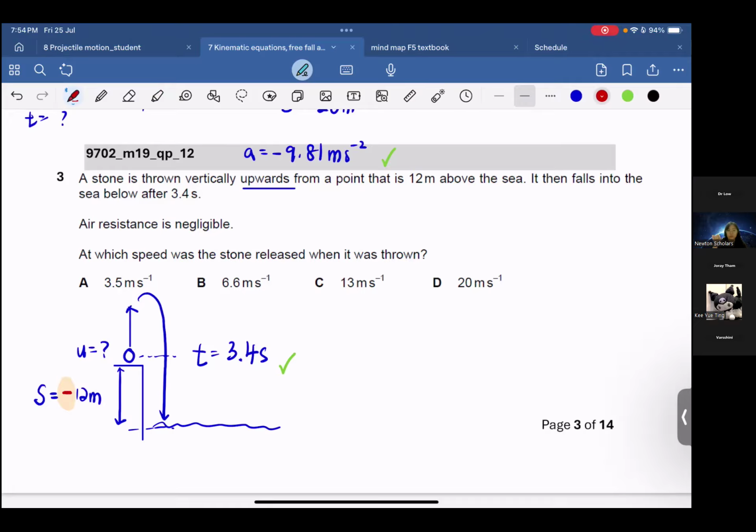Can you use the suitable formula, do the calculation and tell me what your U is? Right, do it yourself. Thank you, Junho, for answering me. Okay, try. Any of you facing any problem, let me know.